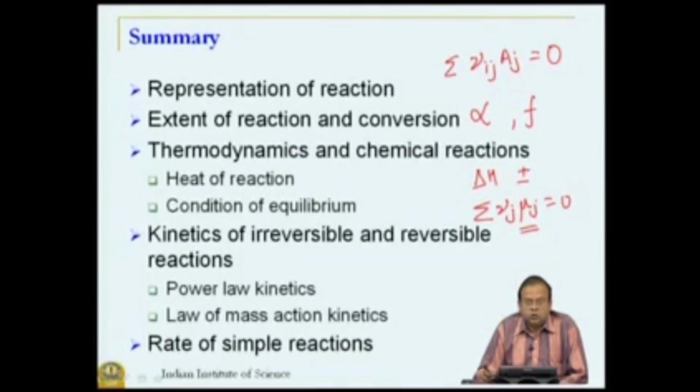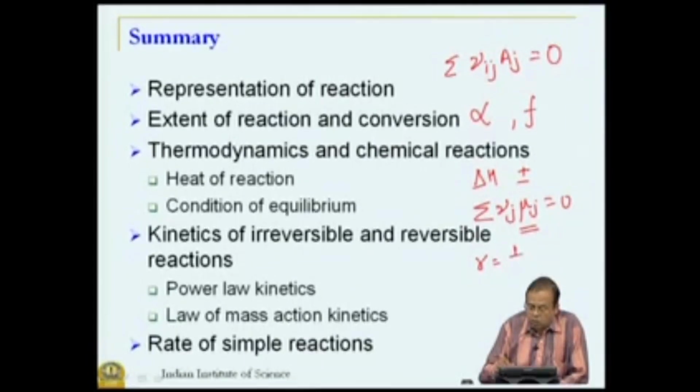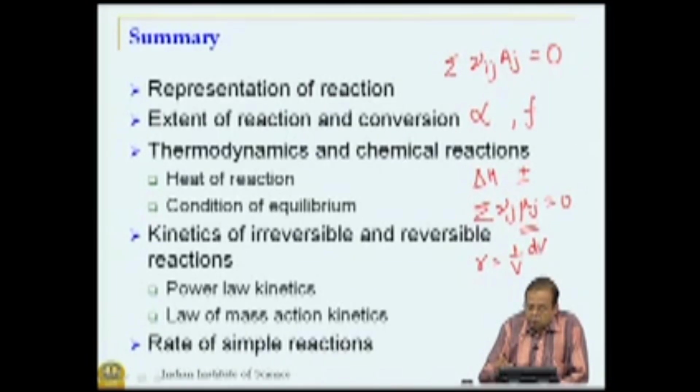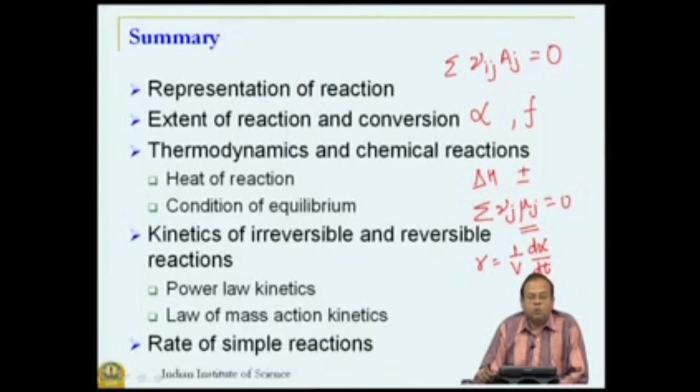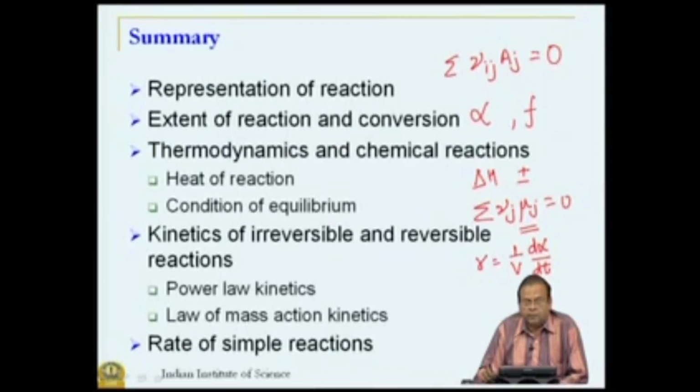So, in a closed system, the rate of reaction R is given by 1 over V d alpha dt, where V is the volume of the reacting mixture and alpha is the extent of reaction as we had defined earlier.